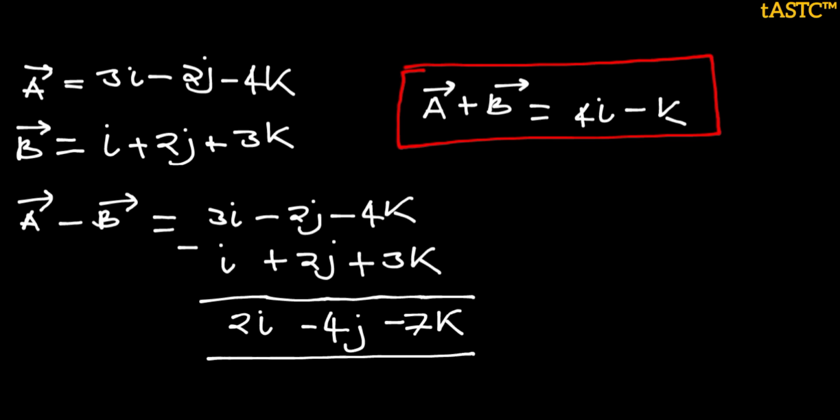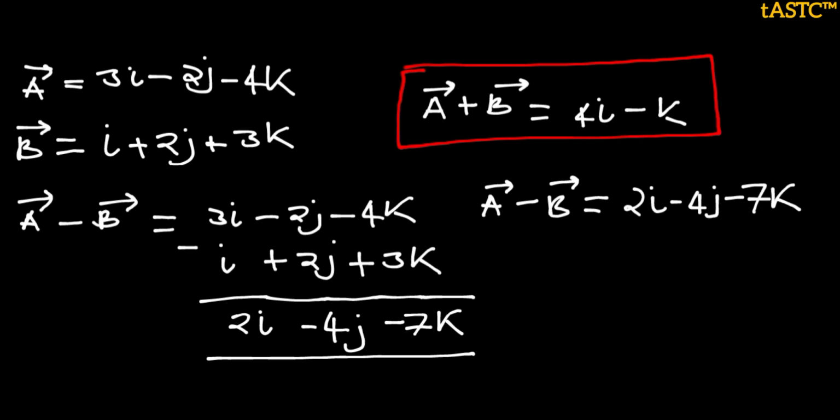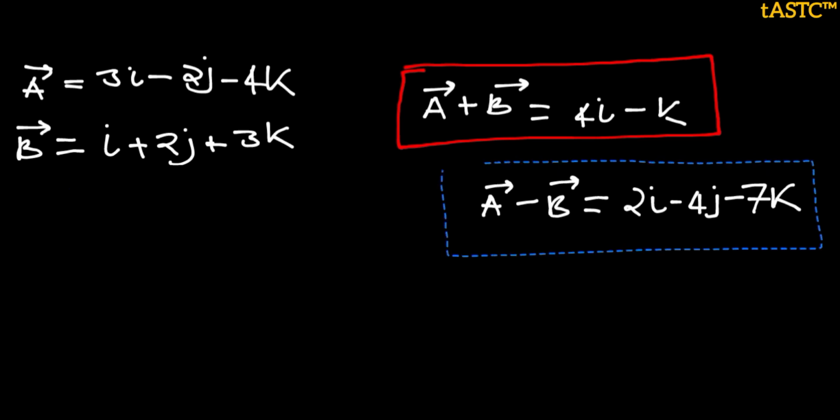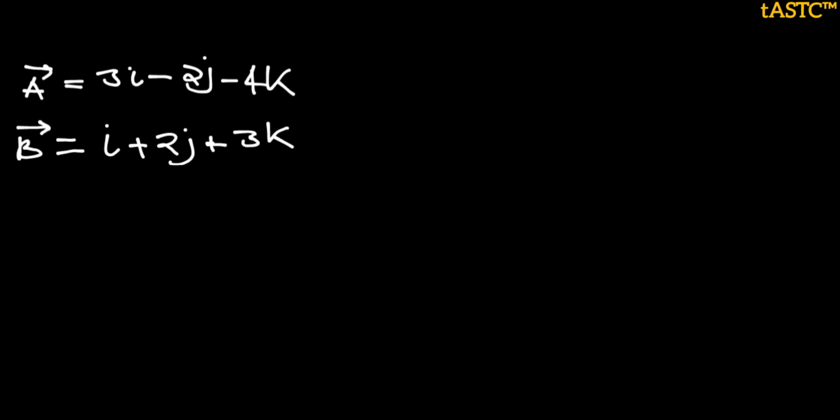So in that case, you can see that vector A minus vector B is equal to 2i minus 4j minus 7k. So hopefully you understand how to add or subtract vectors now.